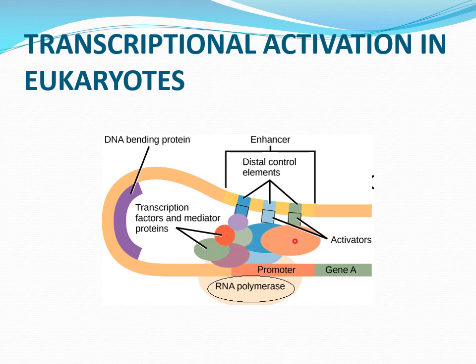Certain mediator proteins help in association of these activators to the transcription factors, and for the process some DNA bending proteins have their own role to play, so that these distal control elements, which are not in close proximity to the promoter site, come and lie near this promoter site.